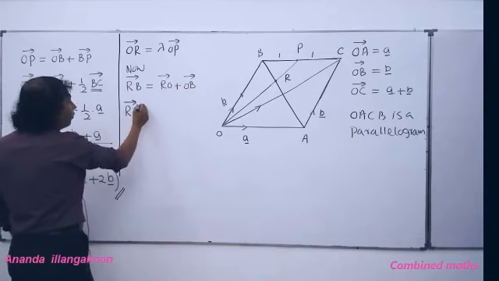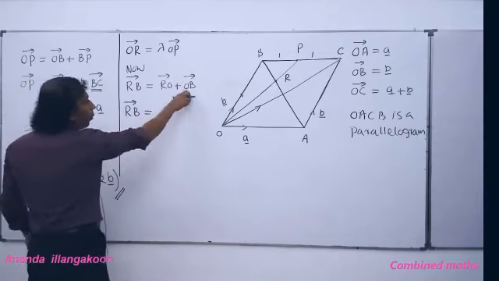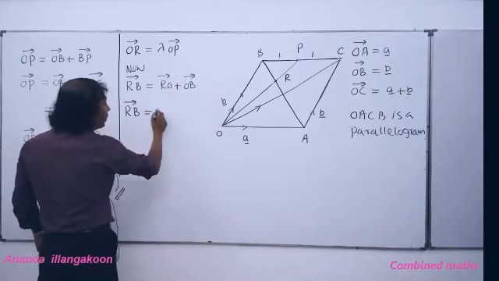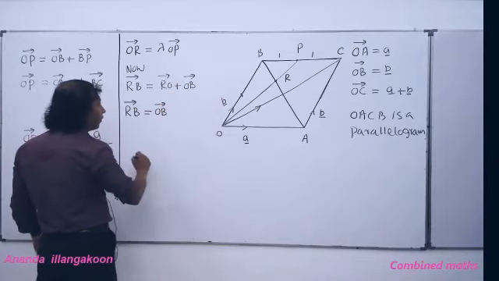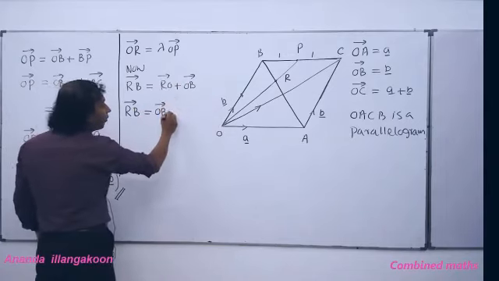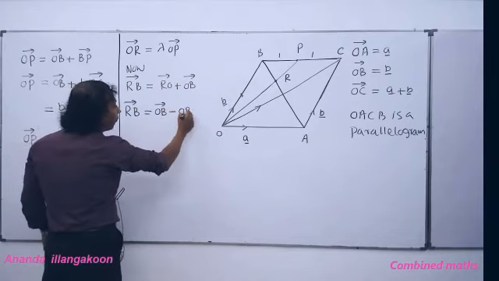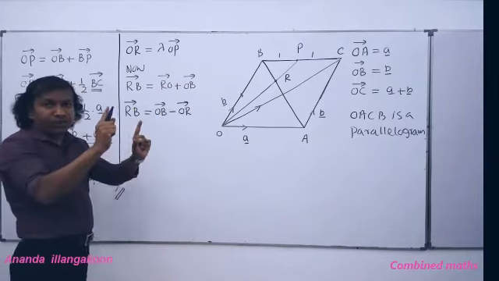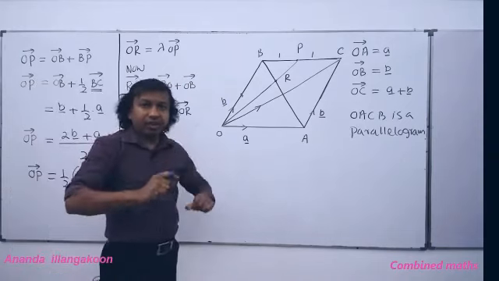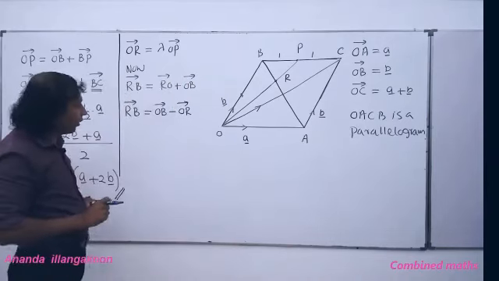RB vector is equal to OB, this one I write first, and RO I can write as minus OR. We know once we interchange the order of the letters, the minus sign comes out.